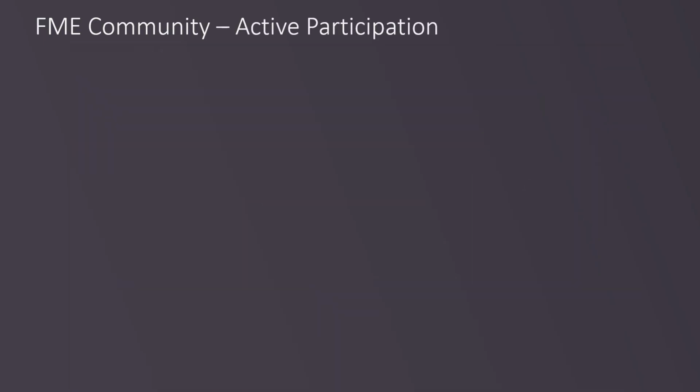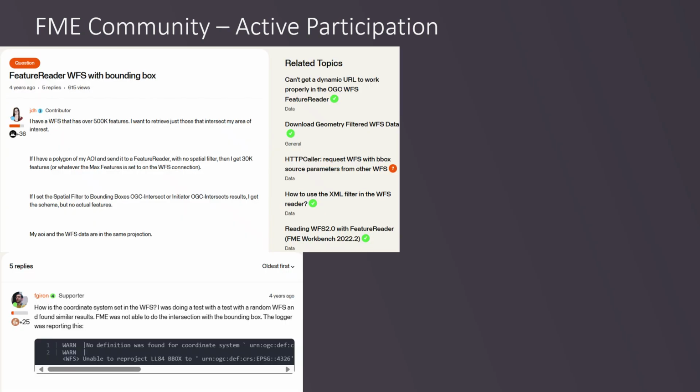I'll show you now an example of how the participation works in the FME community that you'll most likely see the majority of in the articles. So this is an example of a post that a person's made where they're having an issue about a bounding box that they're trying to filter via intersection, and you've got someone trying to reply and help them out.